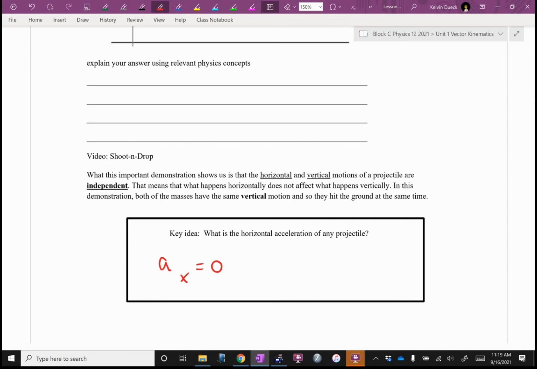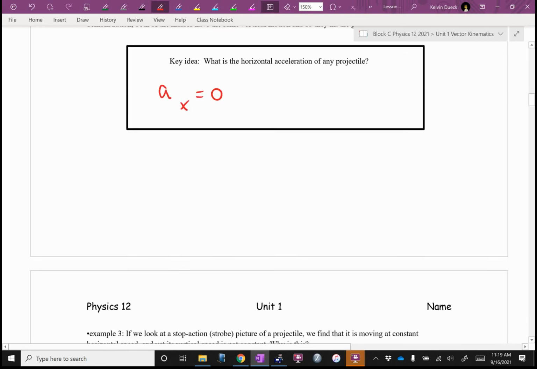When you give me a projectile to analyze, the first thing I'm going to write is AX equals 0. The second thing I'm going to write is AY equals negative 9.8, unless I'm not on the Earth. We're not dealing with that because that would be a changing acceleration. We can't deal with that.